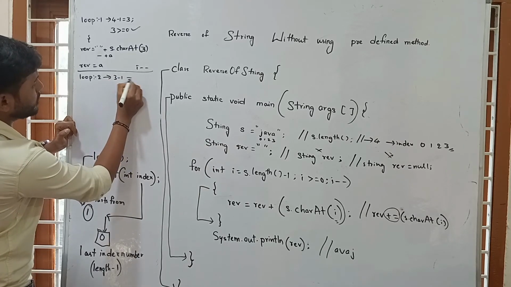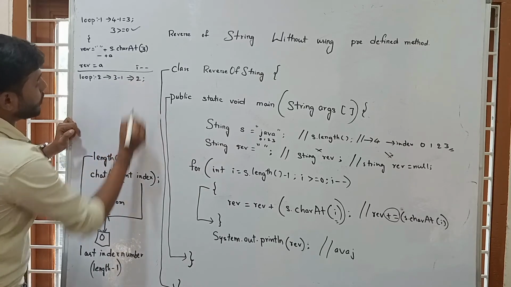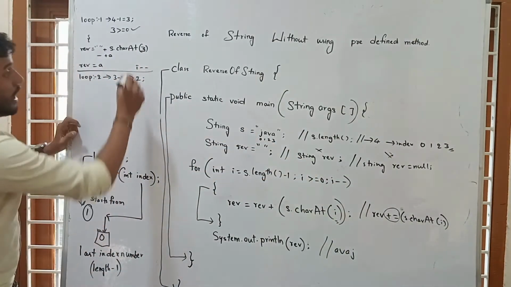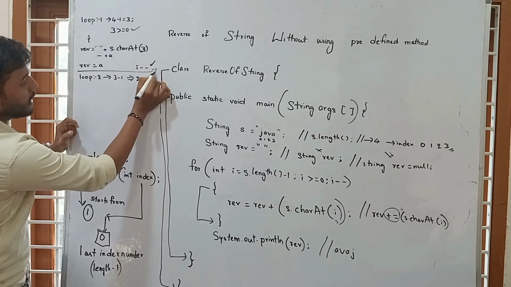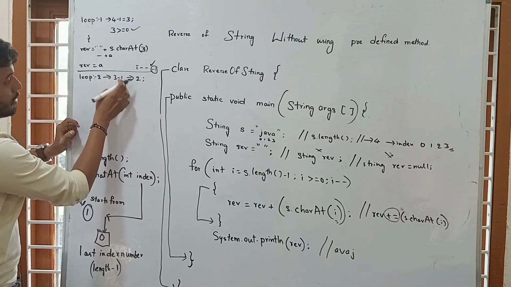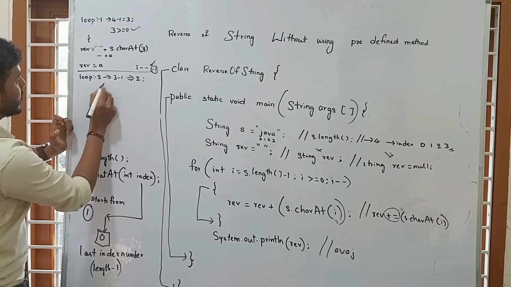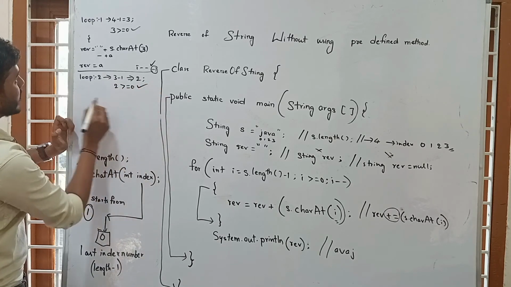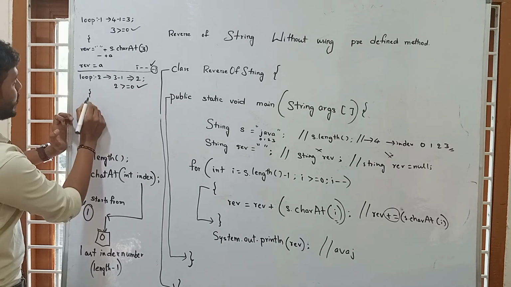So 3 minus 1 we are getting 2. I minus minus is nothing but a decrement, minus 1. So 3 minus 1 equal to 2. Now let us see, 2 is greater than or equal to 0. The condition was satisfied. Now the loop was opened.